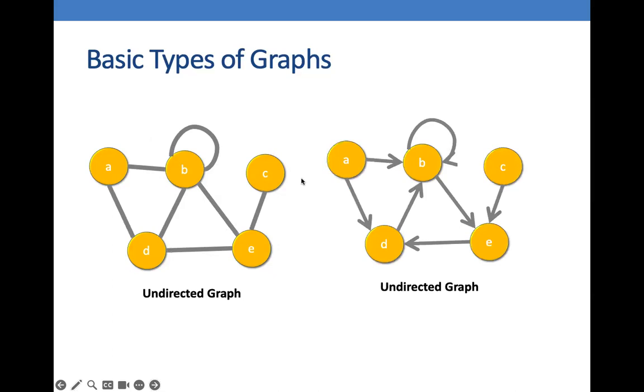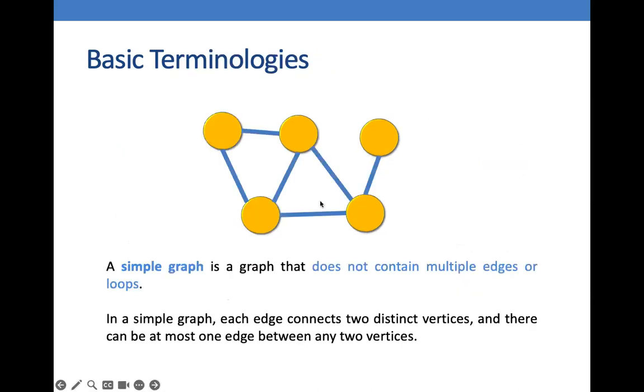Okay, so this is the difference between the two. The undirected graph is just a graph without directions, and we can consider it a two-way path. But the directed graph is a graph with directions.